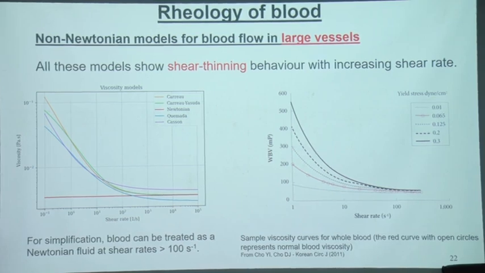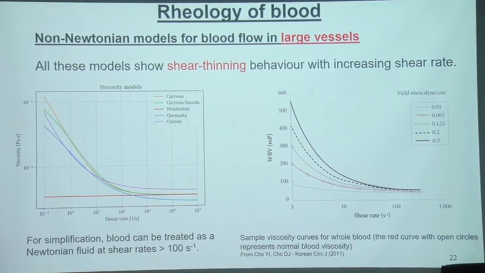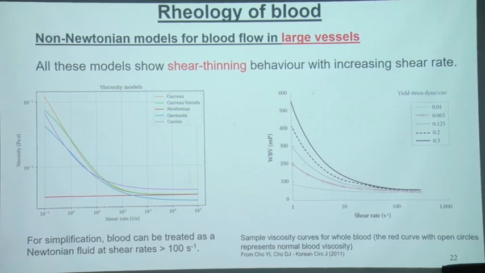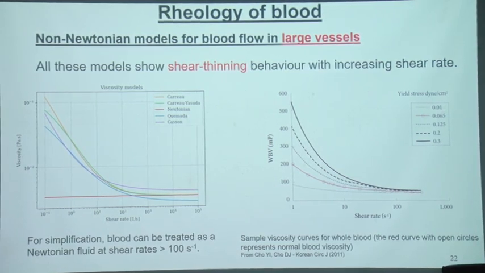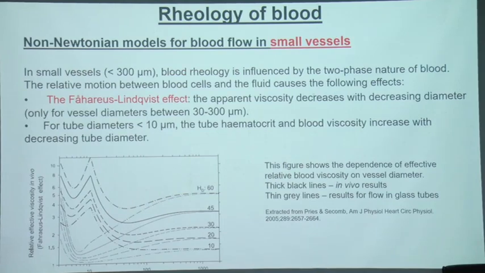The justification given by the researchers is that when shear rate is high, the blood behavior can be approximated as a Newtonian fluid. However, that's not the case when you look at the blood flow in small vessels.